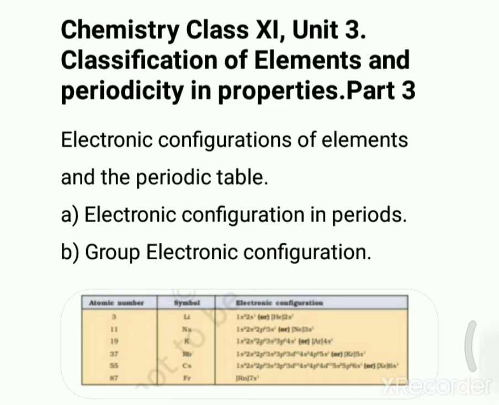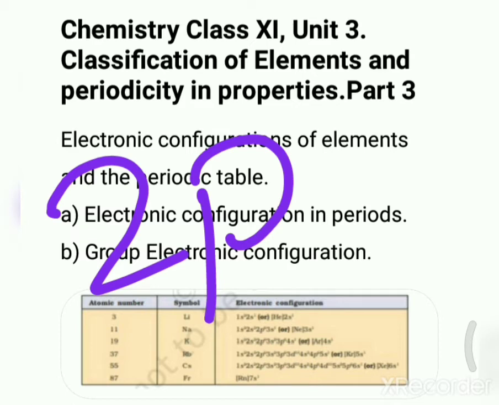So starting from boron, the 2p orbitals are filling up, and the L shell is completed at neon.